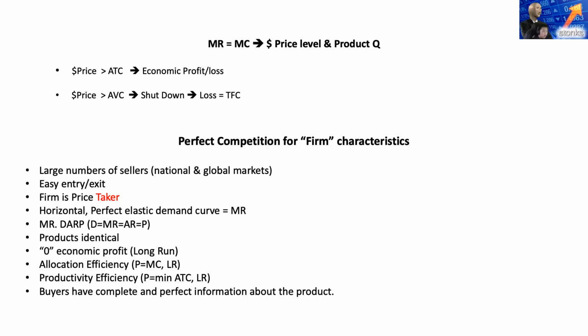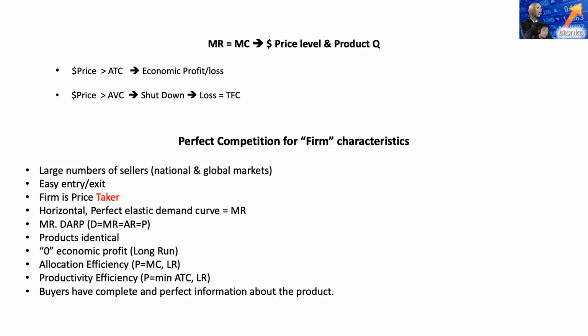And perfectly competitive markets will always be allocatively efficient, so price equals marginal cost in the long run, and also productively efficient, so price equals minimum ATC in the long run.